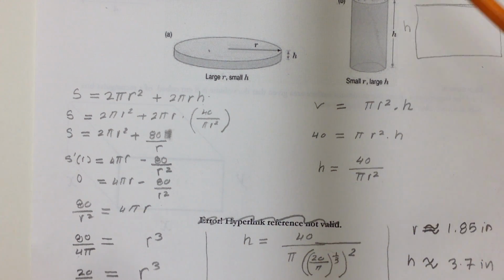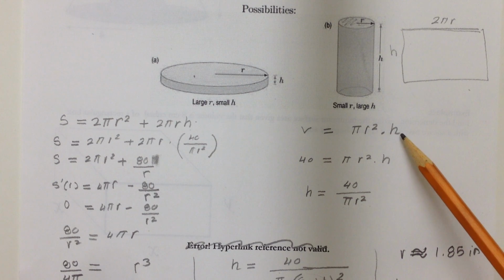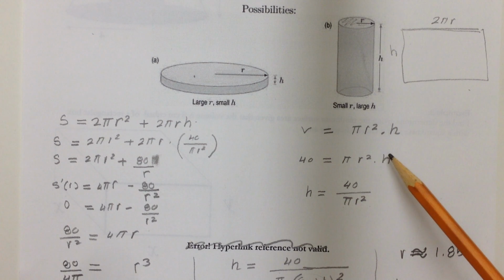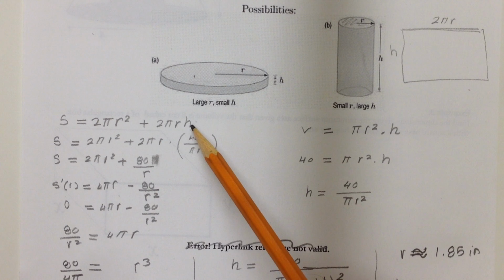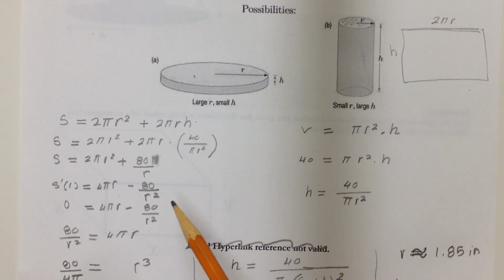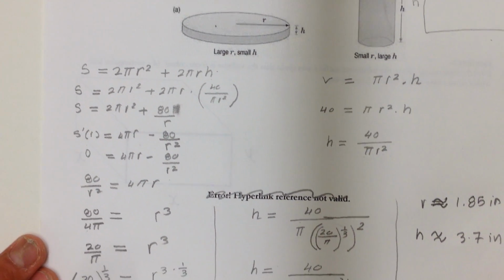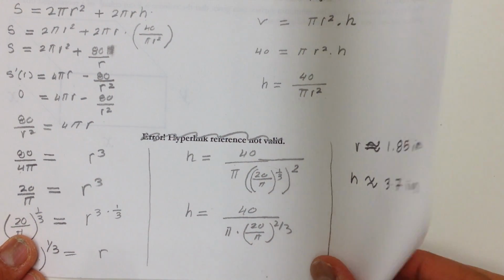What we do next is use additional information to write one variable in terms of the other, so that when we make a substitution into our first formula, one of the variables will disappear, so that we can easily take the derivative to find the minimum or maximum of the desired value. All right, so great job on that first problem. Let's go ahead and turn over and do a couple more.